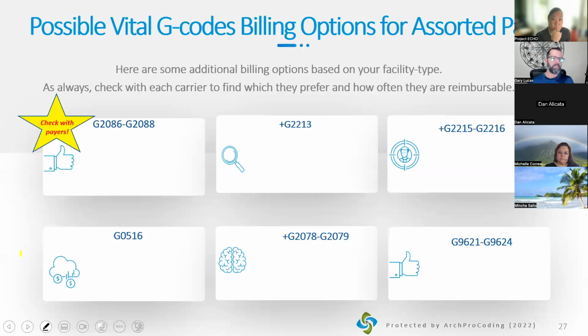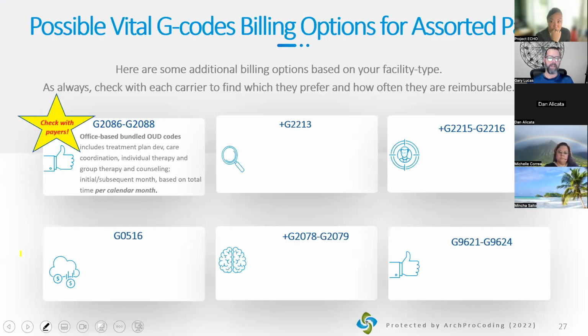So as I wind my way down, and I obviously remain here as long as needed, if you have a newer insurance company out there, check with your payers on codes G2086 through G2088. Medicare, to my knowledge, is not necessarily reimbursing these now, but since these don't begin with an H and they don't begin with a T, they could work with just about any carrier out there.